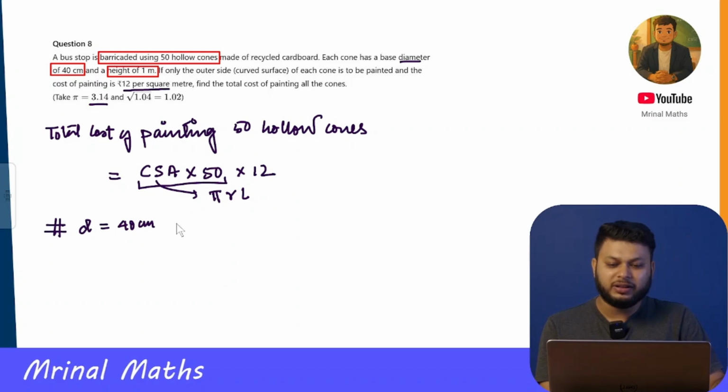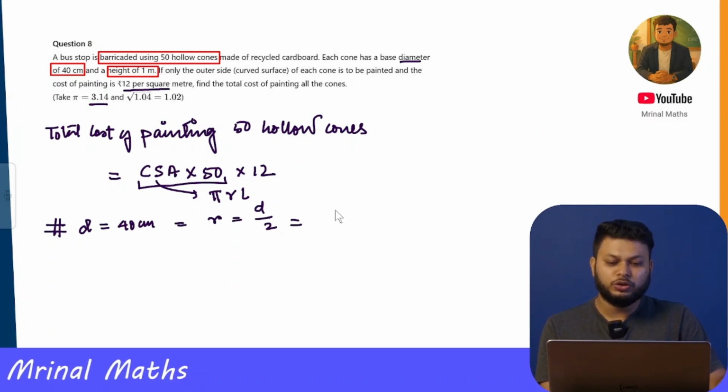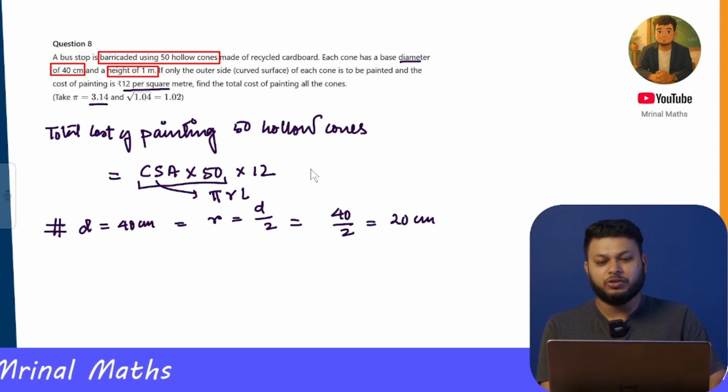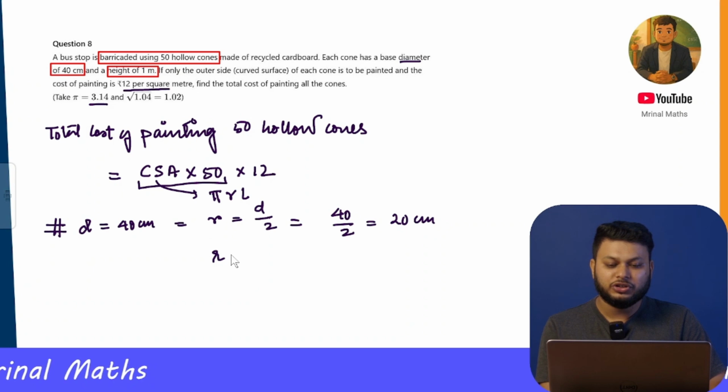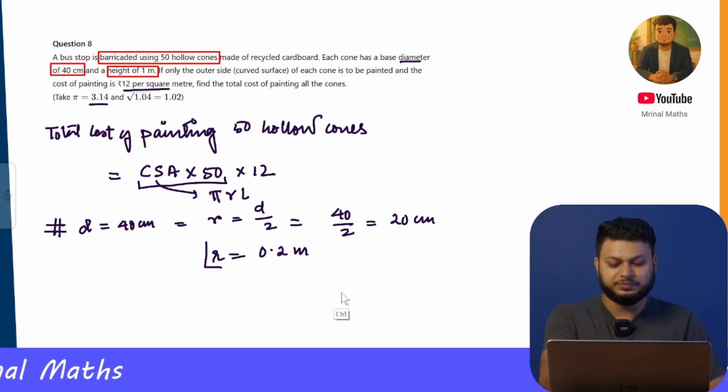You need to find the radius, which is diameter by 2. So 40 by 2, 20 centimeters. Now since the height is in meters, you need to convert the radius into meters as well. So radius equals 20 by 100, that is 0.2 meter.